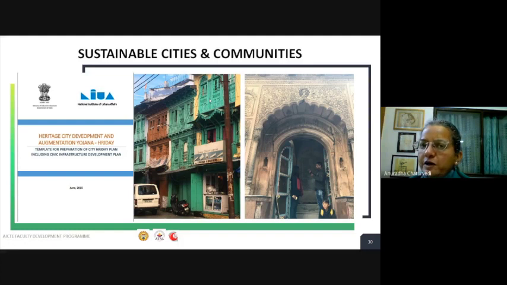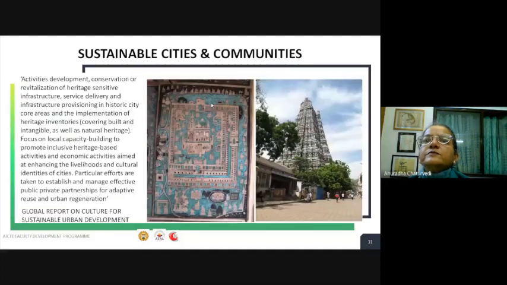It has been wound up, it is not operational anymore, but there are lessons which can be learnt from it, which will help us to proceed further in achieving Sustainable Development Goal 11.4 by 2030. So the focus of this scheme was related to the development of civic infrastructure for parts of historic cities which were of great significance, which were pilgrim destinations, which were centers of cultural tourism.